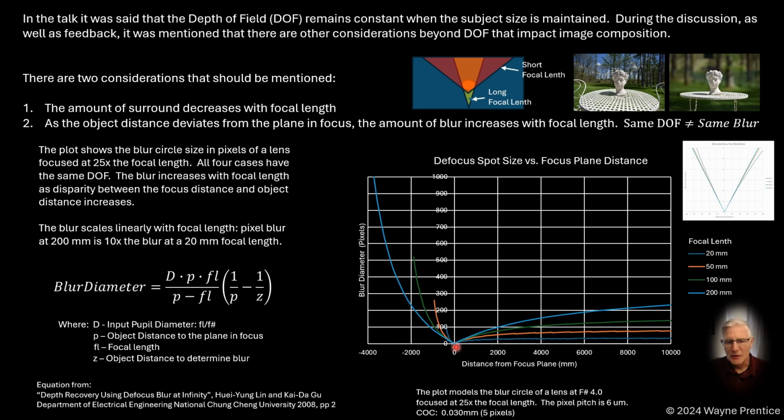If you look at the plot, you can see that the longer the focal length, the more blur that occurs. And so the amount of blur, as you can see in these pictures and on the plot, increases with focal length. So how can it be true that the depth of field can be the same, but the blur be different?